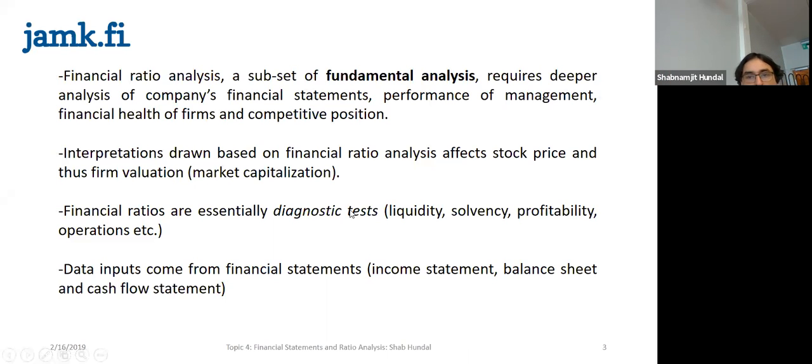We have 4 tests: liquidity, solvency, profitability, and operations. Based on the 4 tests, we make an interpretation that maybe the company has lots of cash, which is a good thing, but I am a little bit worried about the company's solvency, the long-term survival.